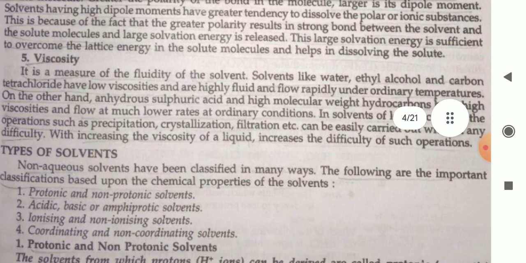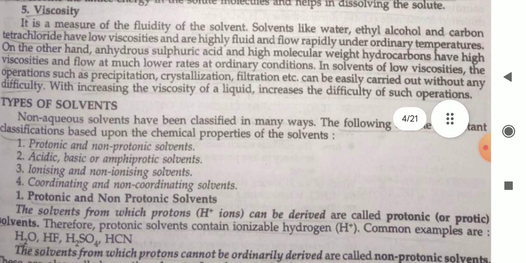Fifth is viscosity. It is a measure of the fluidity of the solvent. Solvents like water, ethyl alcohol, and carbon tetrachloride have low viscosity, are highly fluid, and flow rapidly at ordinary temperature.